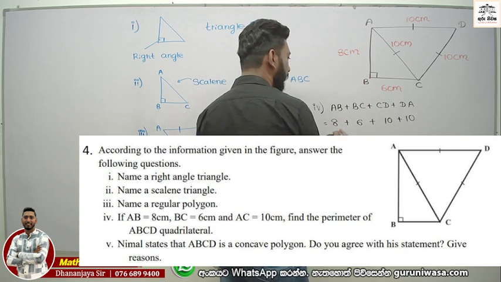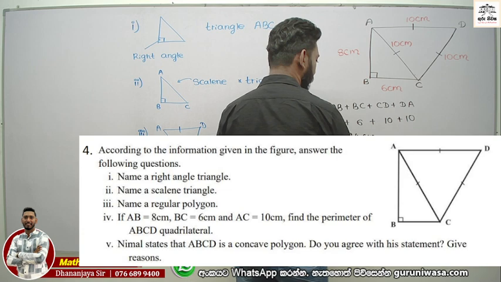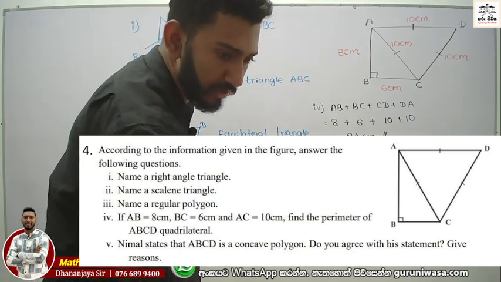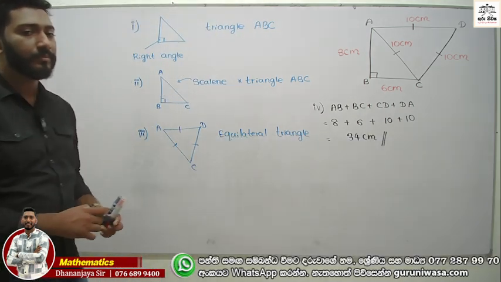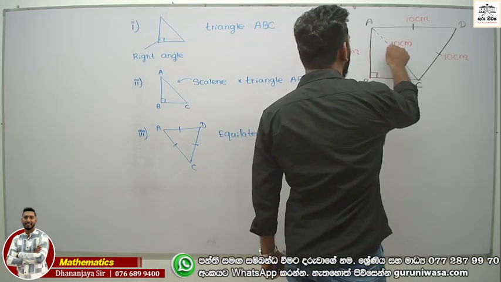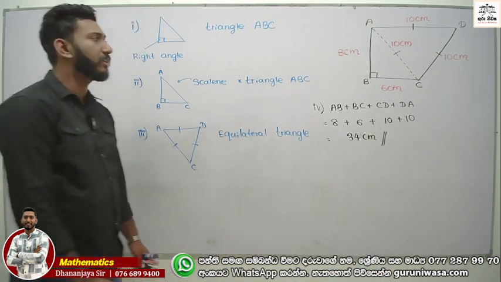Now 8, 6, 14, 24, 34. 34 centimeters is the perimeter of the ABCD quadrilateral. Very easy, right? We do not take the middle line. It is the sum around the figure, so add up the outer sides.